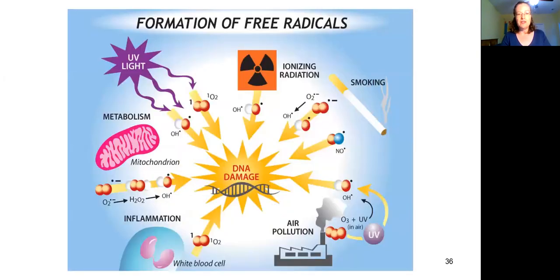And these are some things that can cause free radicals to form: ultraviolet light, so light from the sun, something to do with metabolism, with forming energy, it looks like, inflammation, air pollution, smoking, ionizing radiation. All of these can cause these free radicals, which in turn damage the DNA and again, cause early aging.